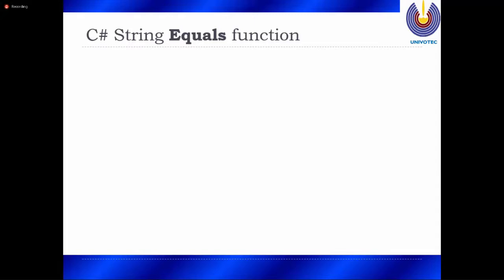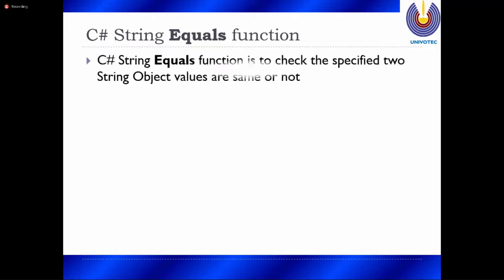Next one is Compare, and also Equals. It checks whether the same characters are in both strings. The string Equals function checks whether the values of two string objects are the same or not.